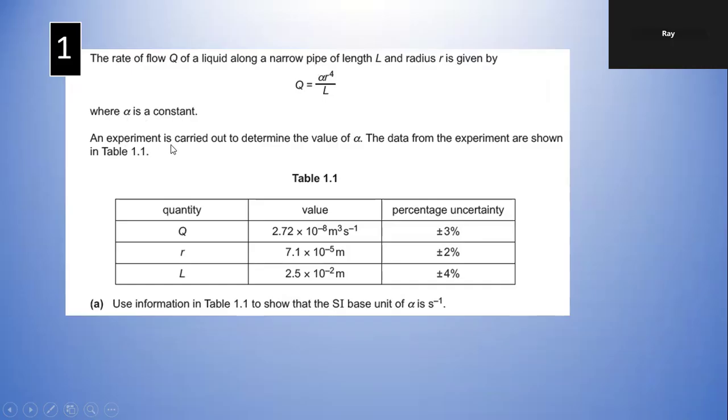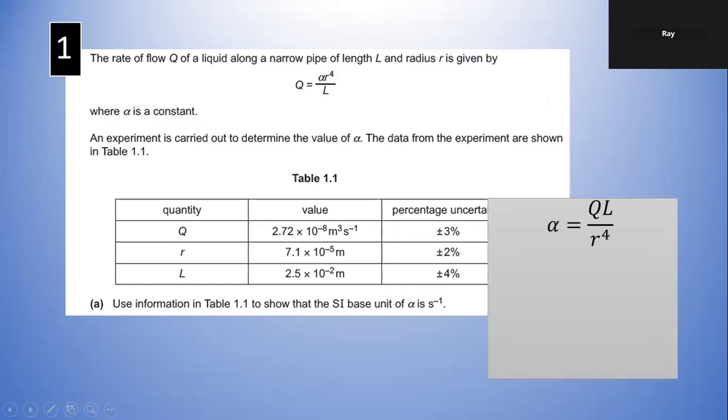The experiment is carried out to determine the value of alpha. The data from the experiment is shown. Use information in table 1.1 to show the SI unit of alpha. What's the SI unit for alpha? Per second, okay, correct.